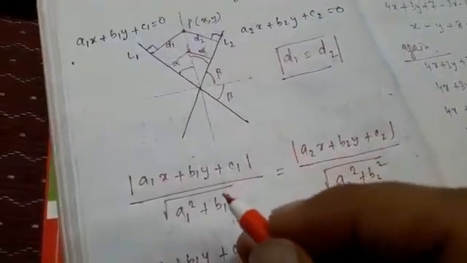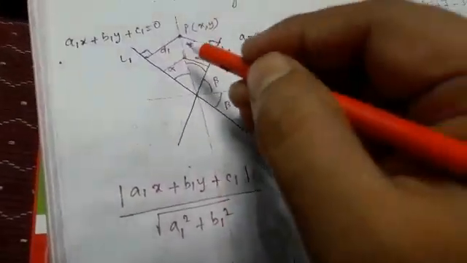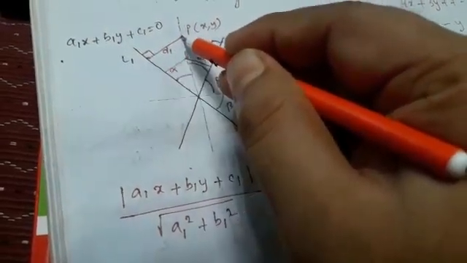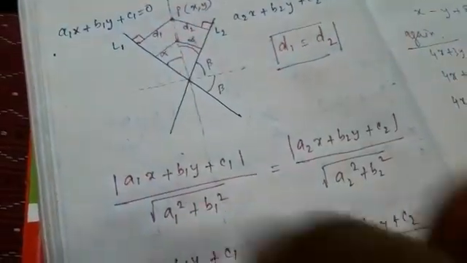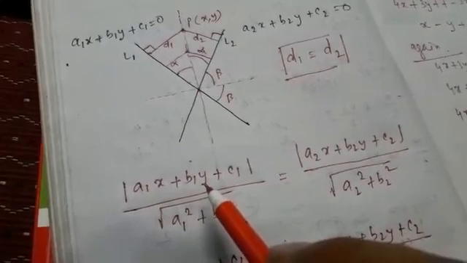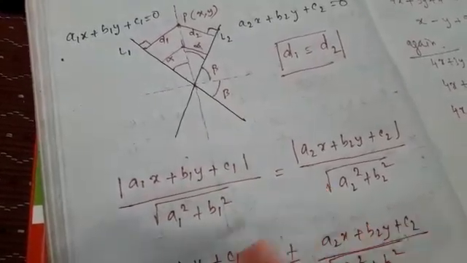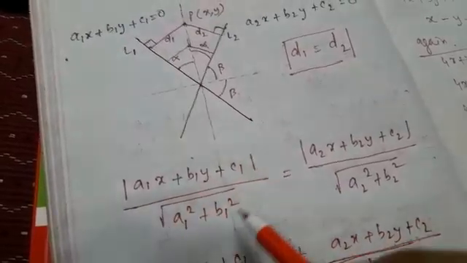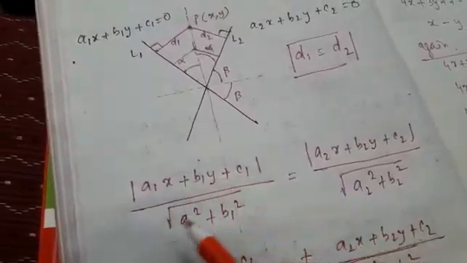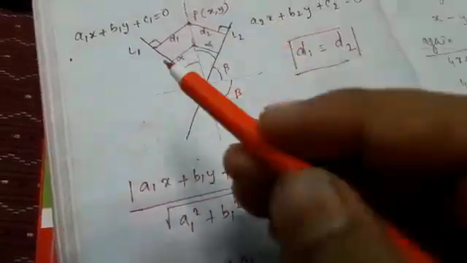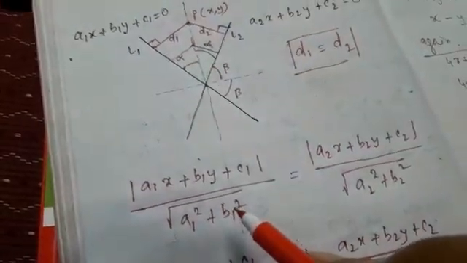Fine. And you have already learned the formula to calculate the distance of a point from a line, given by modulus of a1x plus b1y plus c1 divided by under root a1 square plus b1 square. This is the formula to calculate the perpendicular distance of a point from a line.